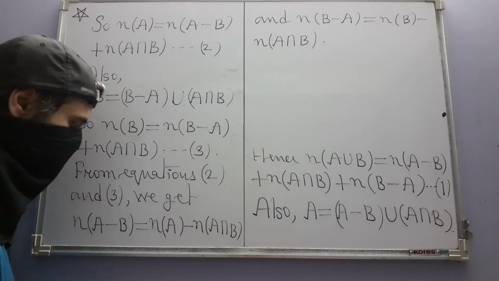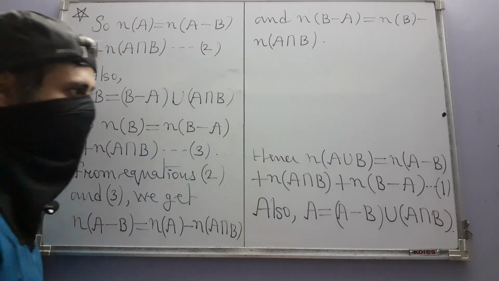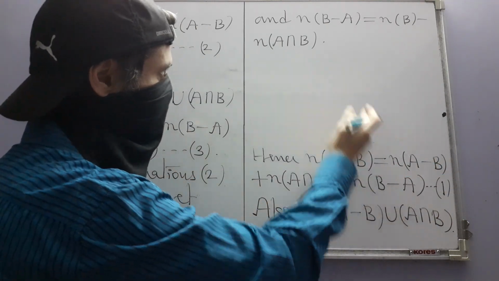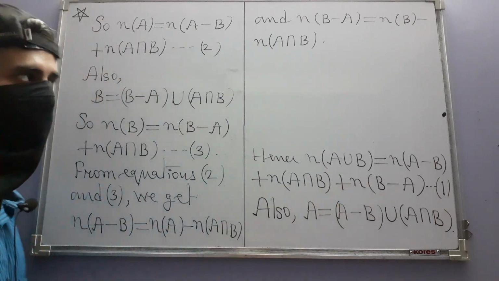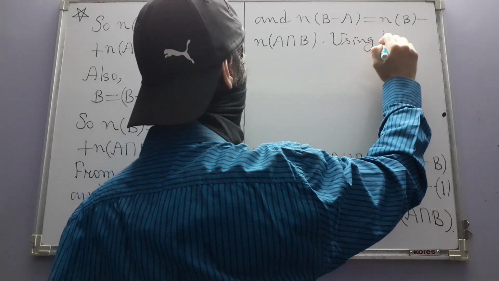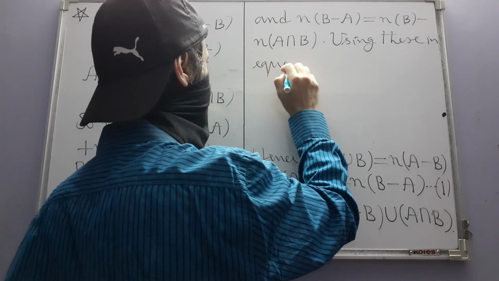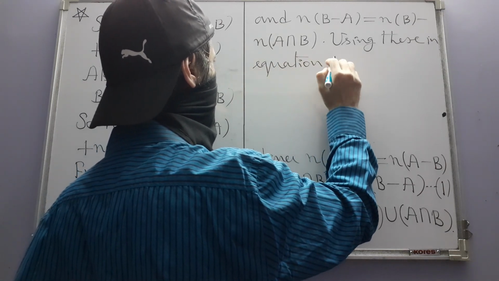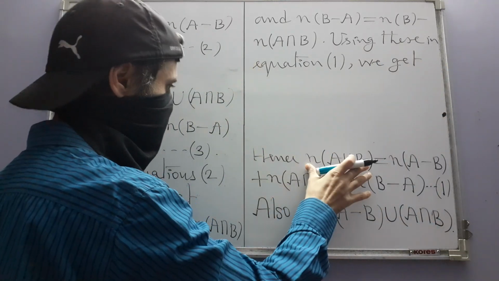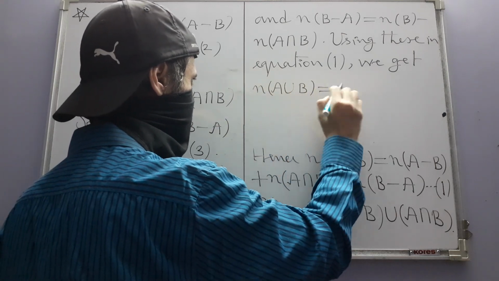Next, we are going to use these expressions in equation 1. That is, we are going to replace n(A difference B) by this and replace n(B difference A) by that expression in equation 1. Using these in equation 1, we get, so the left hand side of course will just be n(A union B).